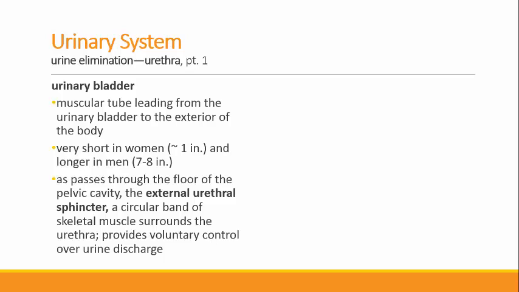This is the muscle that we train when we're potty training a child, and that we can clamp down on, and we can even use some assistive muscles nearby. So if you're doing the Kegel maneuver, then that will help the external urethral sphincter to constrict, closing off the lumen of the urethra.